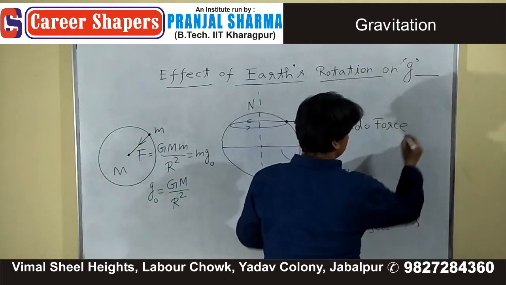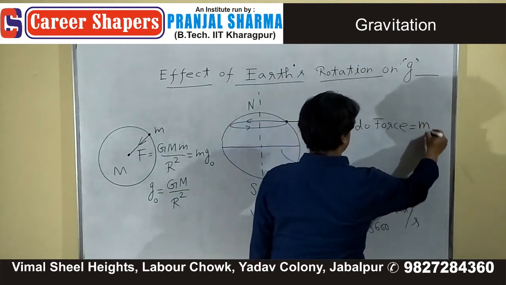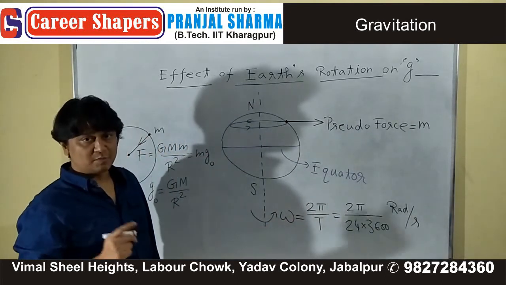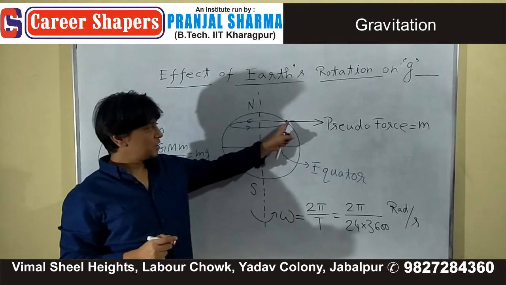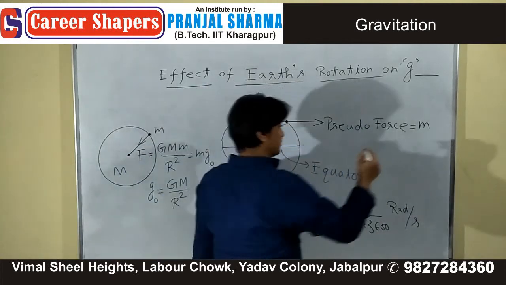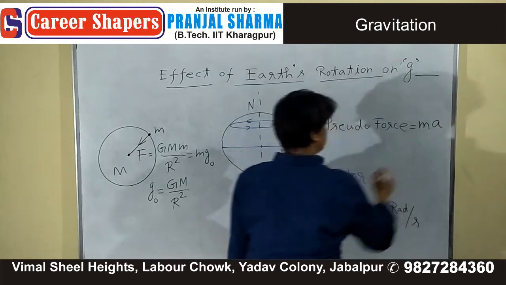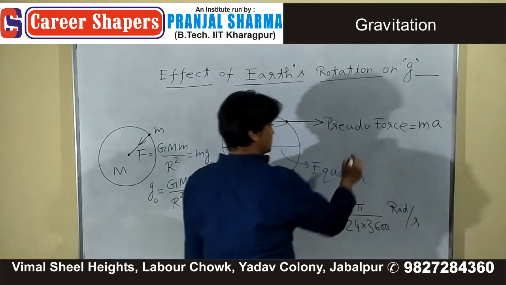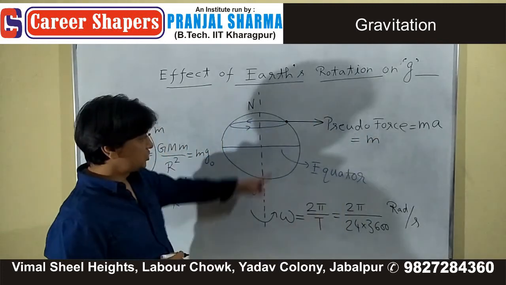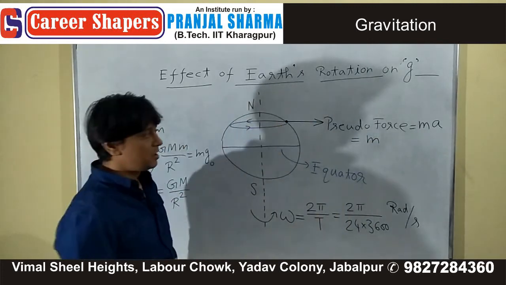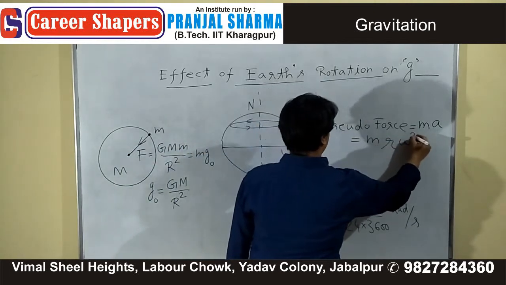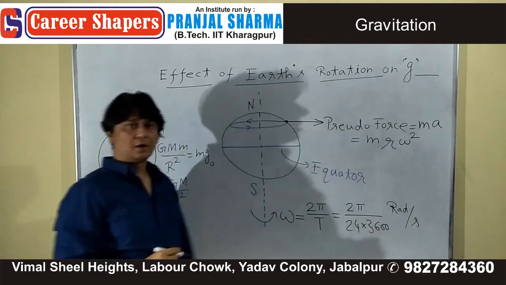Pseudo force is mass of the object multiplied by acceleration of the non-inertial observer. So on himself, he is applying this much pseudo force. What is A? A is nothing but the centripetal acceleration present at this point. What is centripetal acceleration? R omega square.